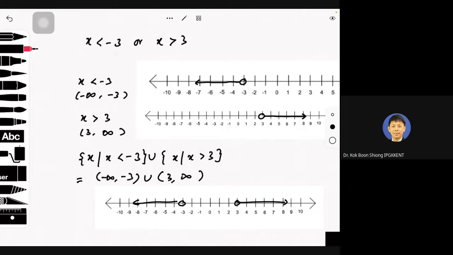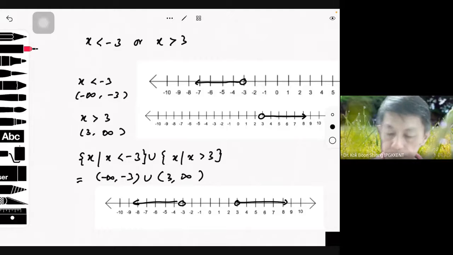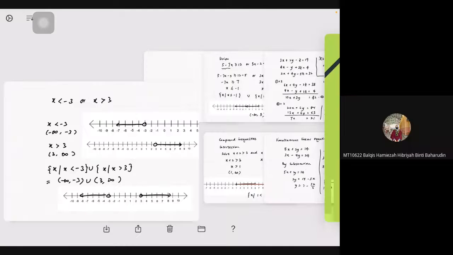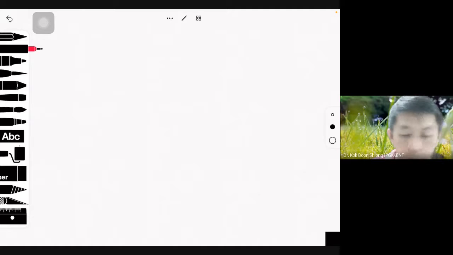Okay, can we move on? Okay, let's say we have a between negative 2.